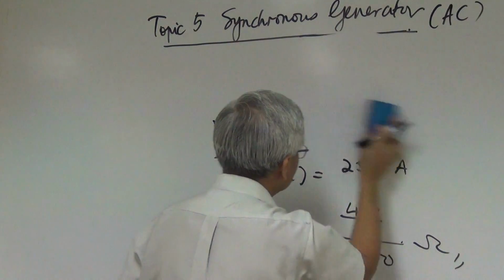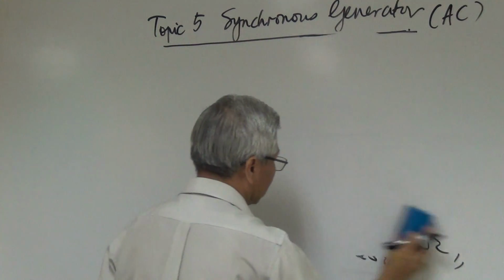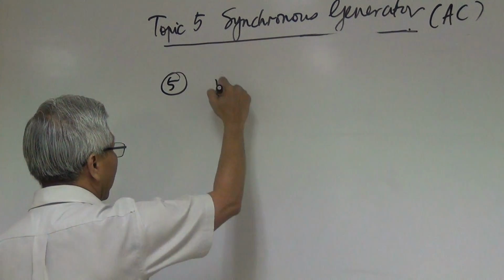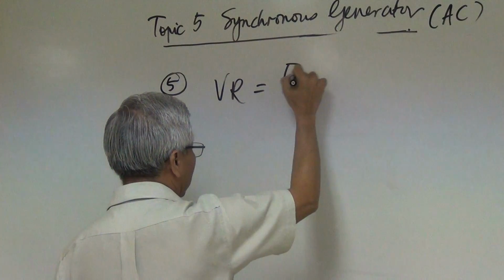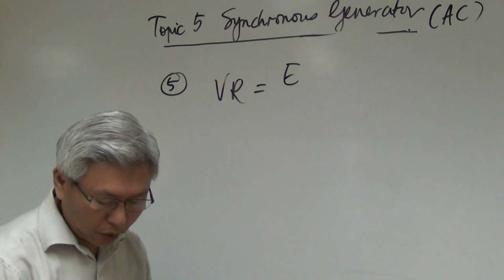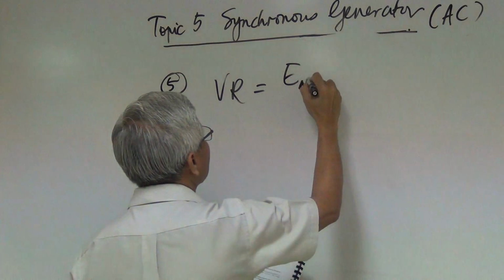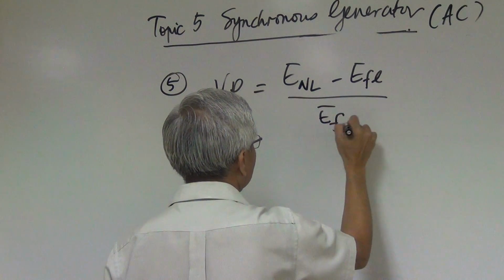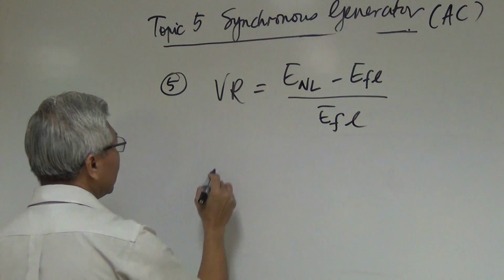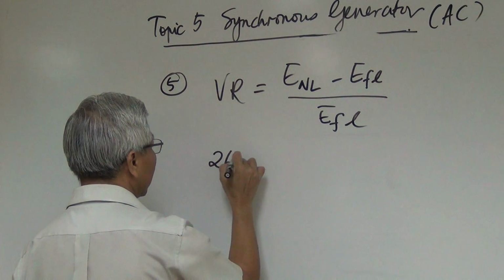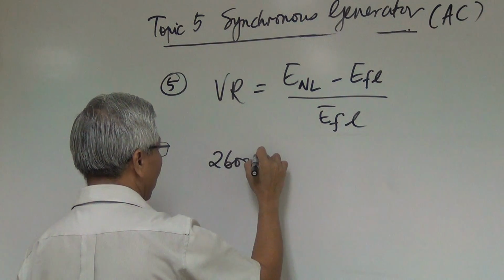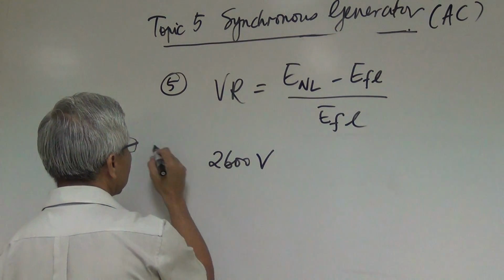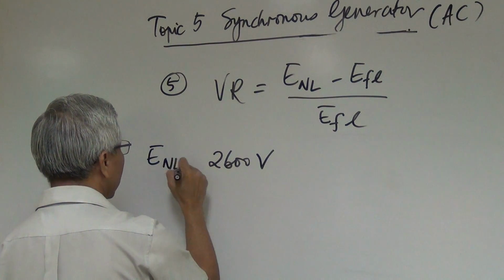Last point, voltage regulation. Voltage regulation is the voltage at no load minus full load, divided by the full load value. So if you are given that this is a 2600 volt synchronous generator, and when it is at no load, that is the value.